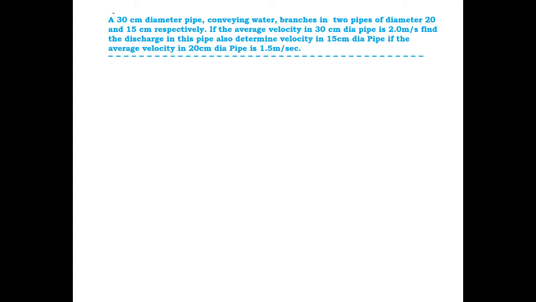Okay, here the diameter of the pipe is 30 centimeter. It is conveying water branches in two pipes. Here we have two pipes. You should keep it in your mind. One is 20 centimeter diameter, next one is 15 centimeter diameter, two pipes respectively.